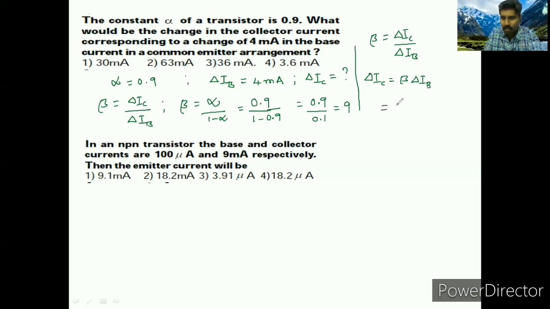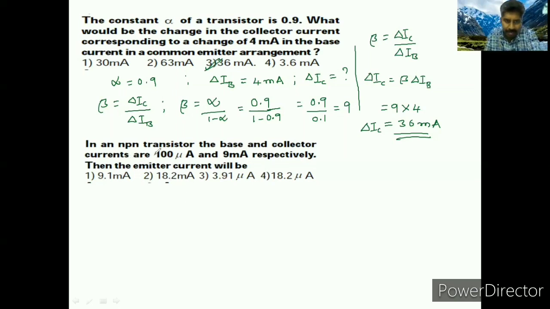Beta is 9, the change in base current is 4, so we get 36 milliamps. The third option is correct. We'll see the next one.